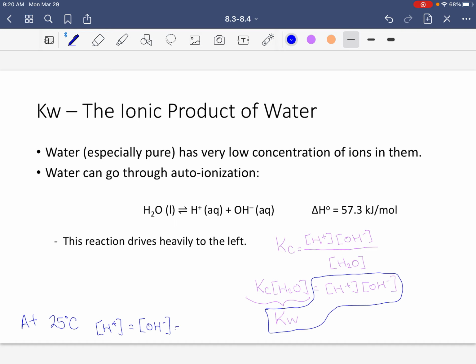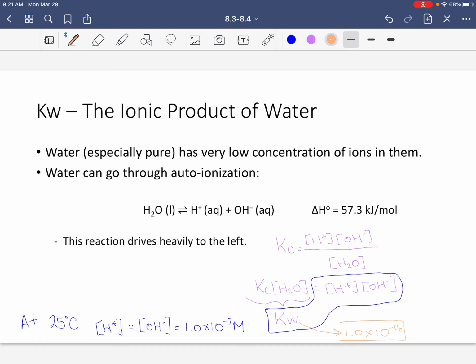But most importantly, both H+ and OH- at 25 degrees Celsius will be 1.0 times 10 to the power of negative 7 moles per liter, which means Kw at room temperature is 1.0 times 10 to the power of negative 14.